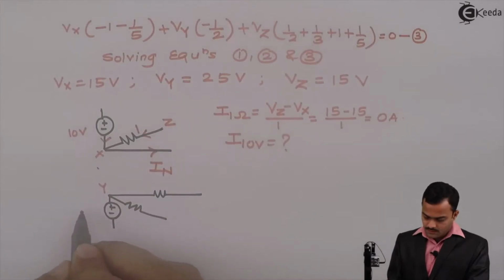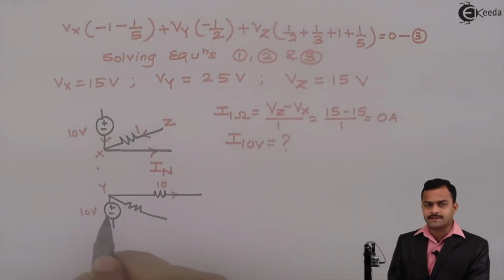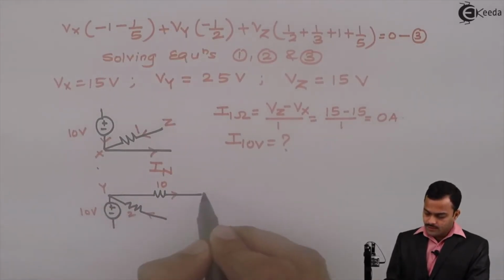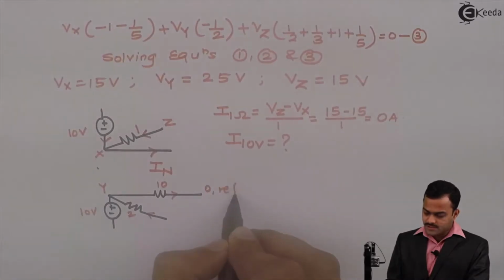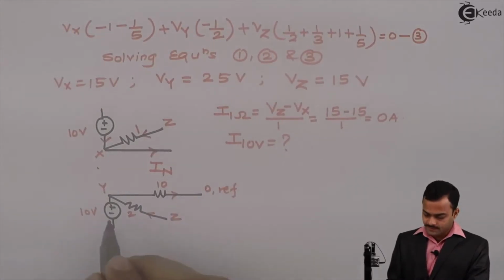This is the 10 volt battery, resistance of 10 ohm, and we denoted current flowing through it like this. This is the 2 ohm resistance, current flowing through it like this. Here it's a reference point, here it is Z point, and current flowing through the 10 volt battery is like this.